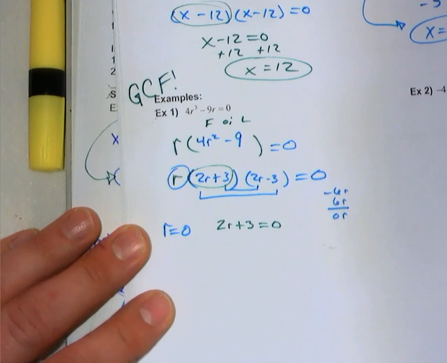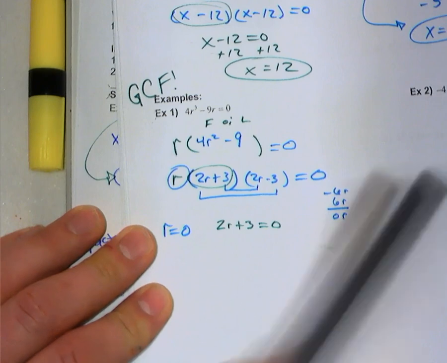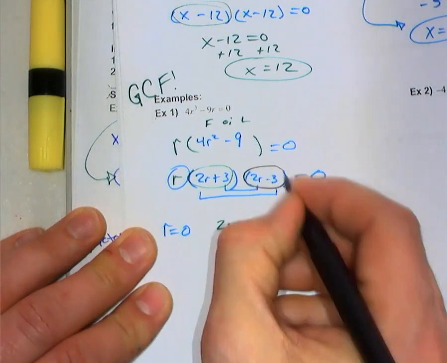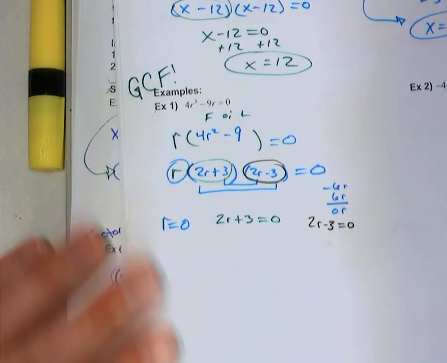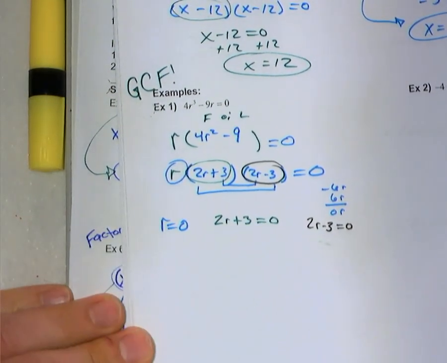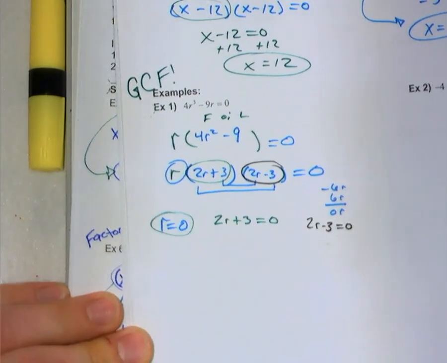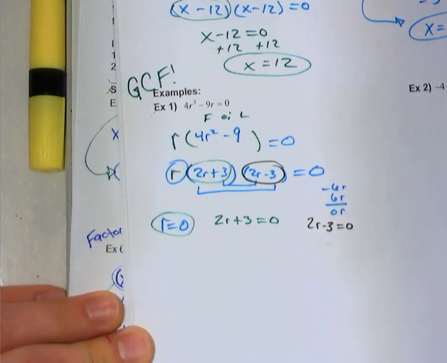And last but not least, 2r minus 3 equals 0. This first one is already solved. Okay, Griff, how do I solve 2r plus 3 equals 0? First thing you would do?